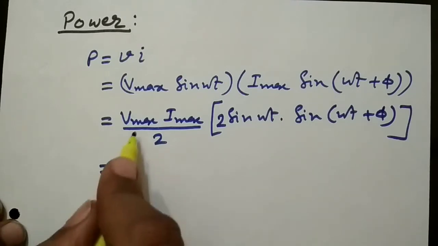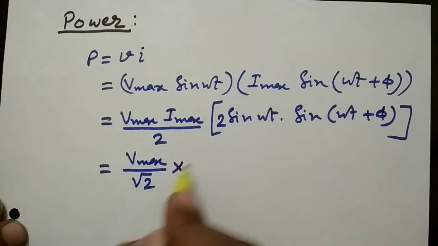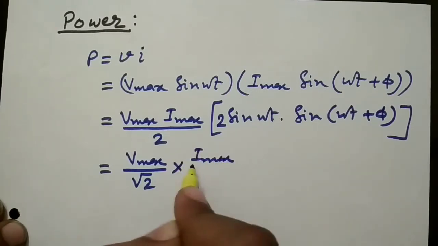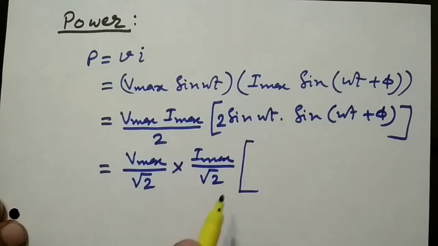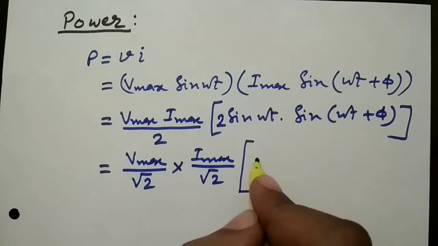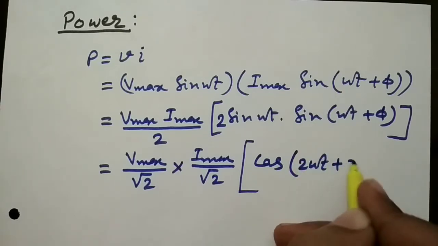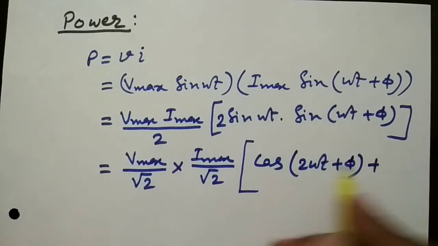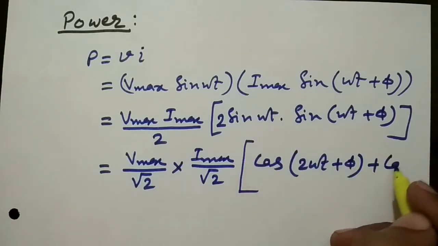So it can be written as Vmax upon root 2 into I max upon root 2 and 2 sin A sin B, which means cos A plus B plus cos A minus B. So cos A plus B will be cos 2 omega t plus phi, plus cos A minus B, which will be cos phi.